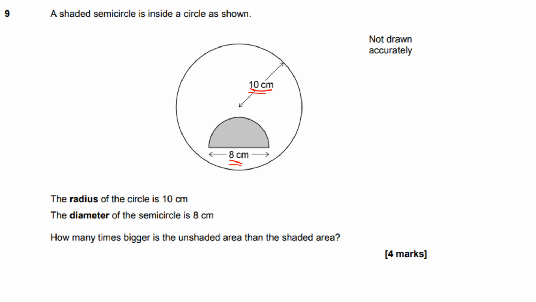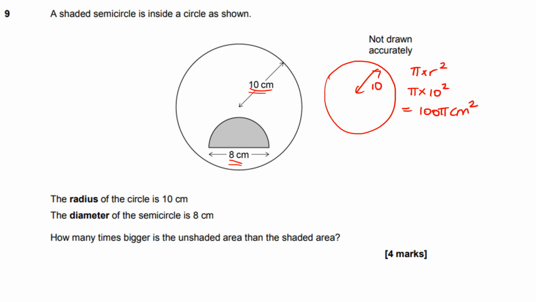So the circle is, if I was to just find out the area of the circle, it's going to be, so the radius is 10, so area of a circle is pi times the radius squared. It's going to be pi times 10 squared. 10 squared is 100, so that's going to be 100 pi centimeters squared for the whole circle. And if I find out the area of the semicircle, which was, the diameter is 8, so my radius is going to be 4, pi times the radius squared.